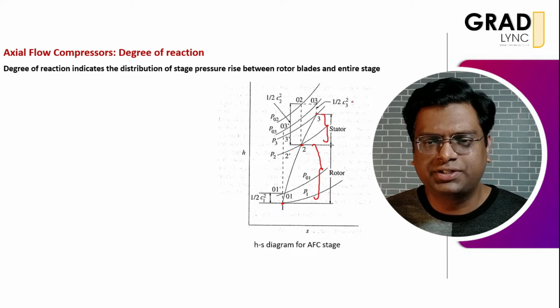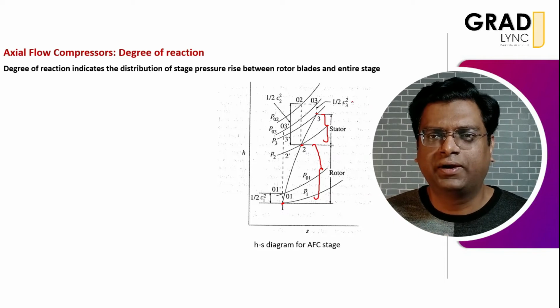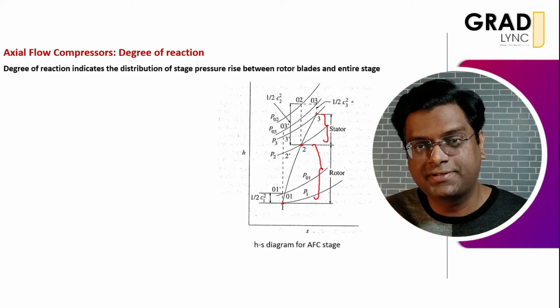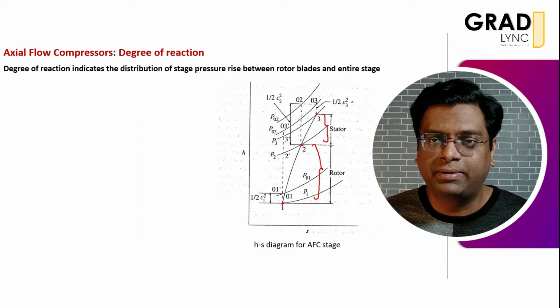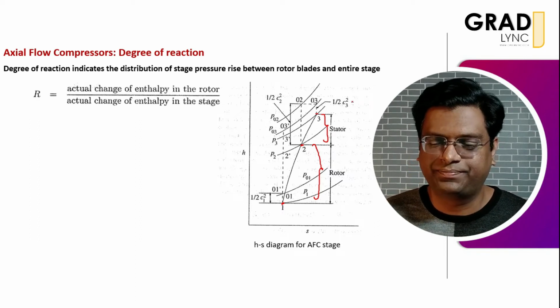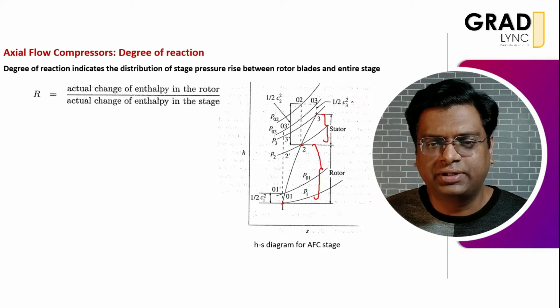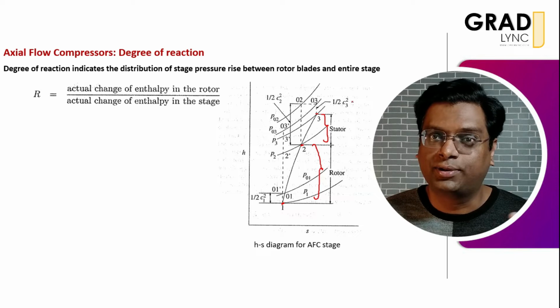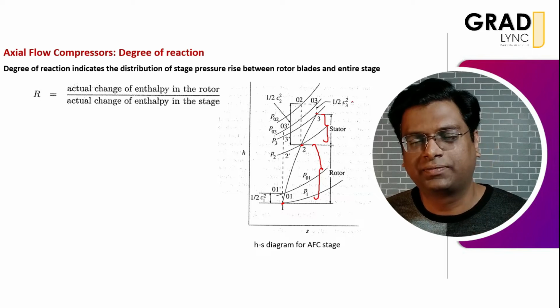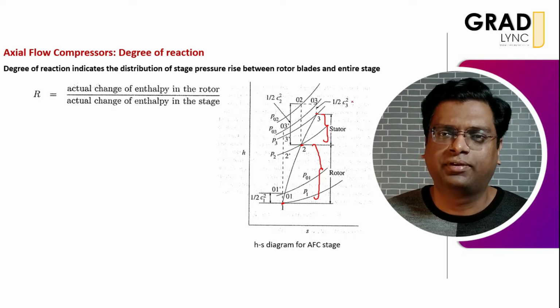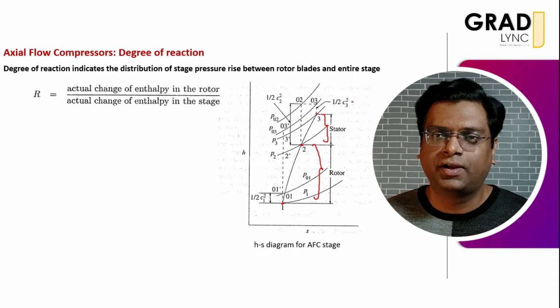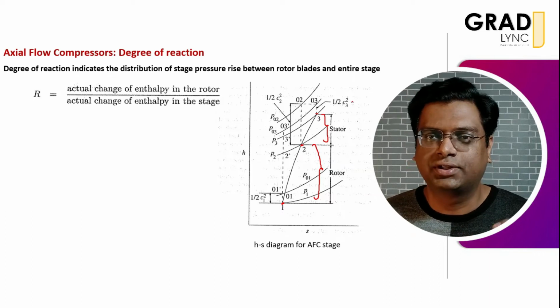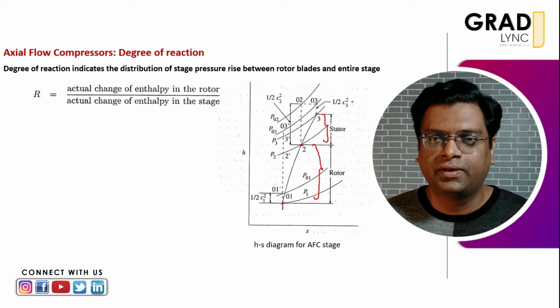So the degree of reaction is defined as the distribution of pressure rise between the rotor blades and the entire stage, right? It is actually the ratio of the change in enthalpy in the rotor to the change in enthalpy in the stage. Many times when recalling this equation, you might confuse the stage with the stator.